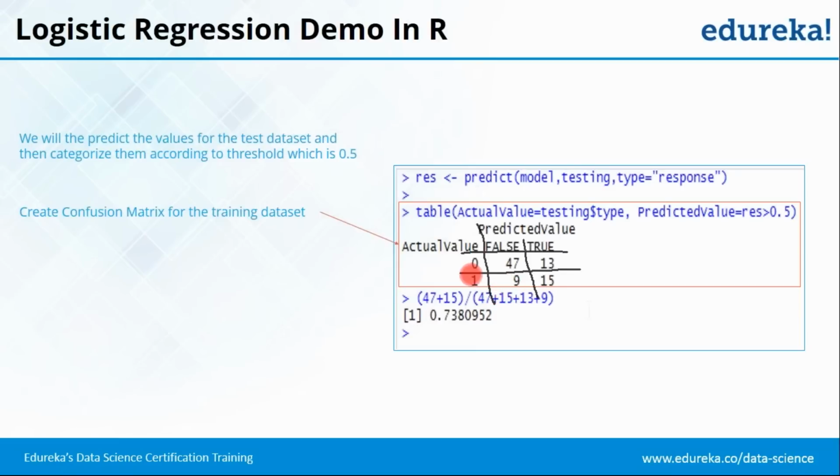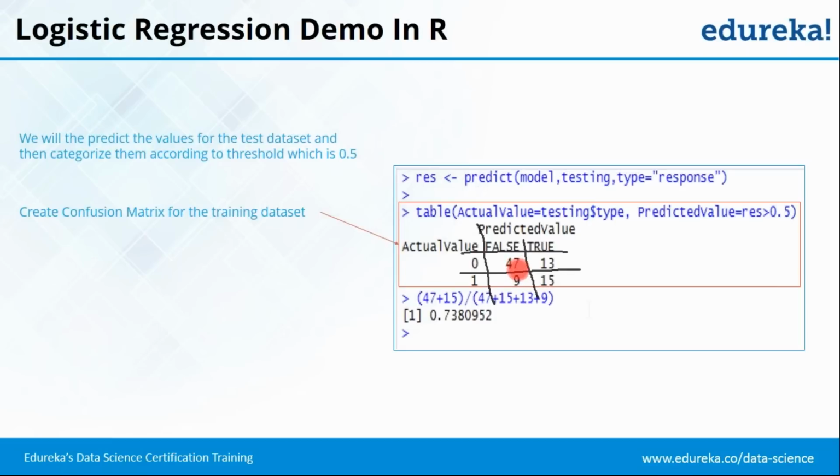The patient was diabetic, but my model predicted that he is not. This has occurred 9 times. And where my patient was actually diabetic and my model also predicted he is diabetic has occurred 15 times. So this is how you can read a confusion matrix.